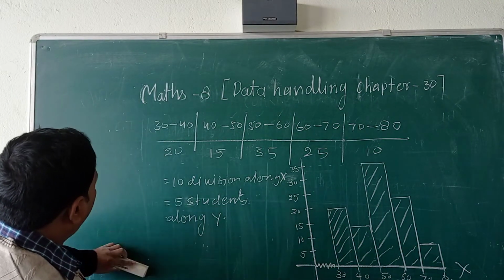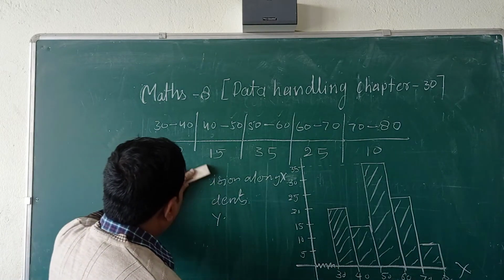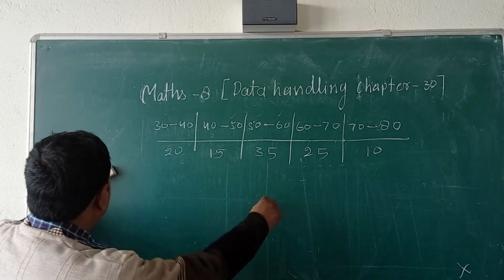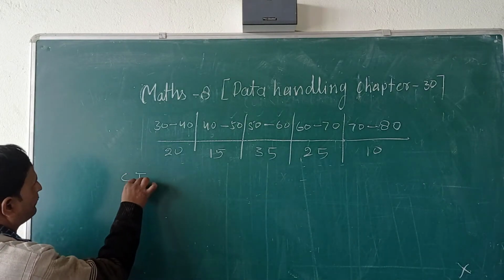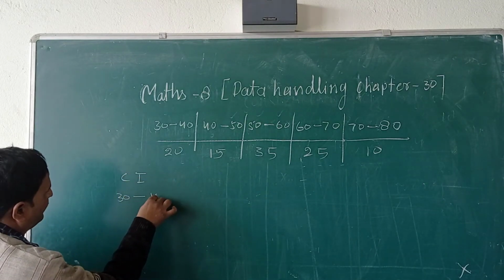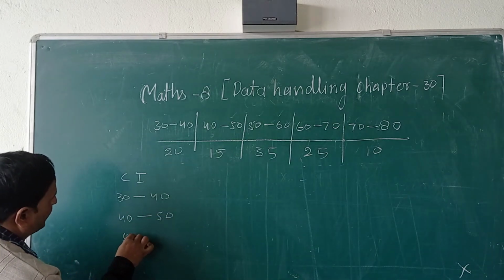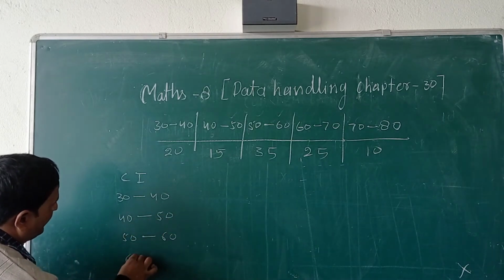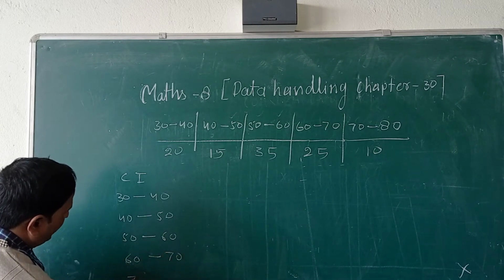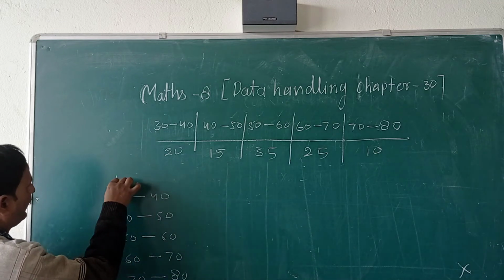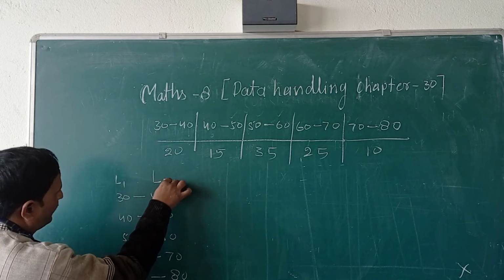Now the last one, pie chart. See, in this the class intervals are given: 30 to 40, 40 to 50, 50 to 60, 60 to 70, 70 to 80. This is called L1, this is called L2.